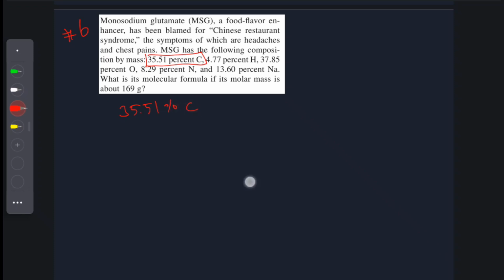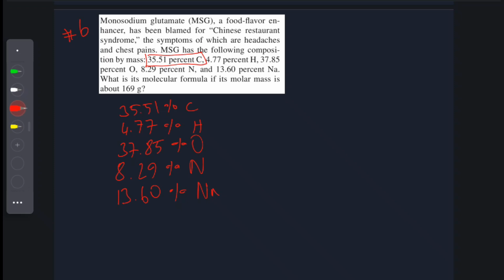Percent carbon, 4.77% hydrogen, 37.85% oxygen, 8.29% nitrogen, 13.60% sodium. Okay, we write them. What is the question?